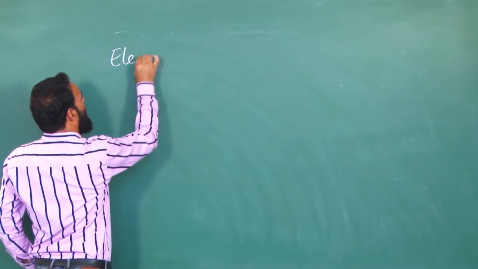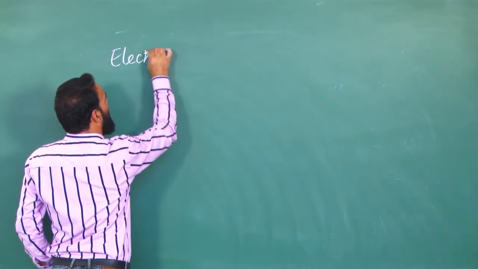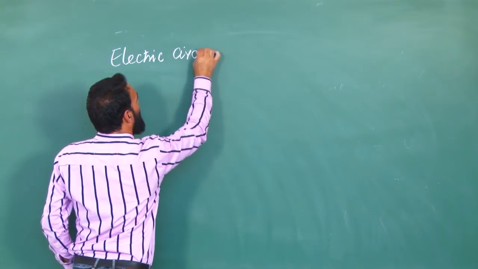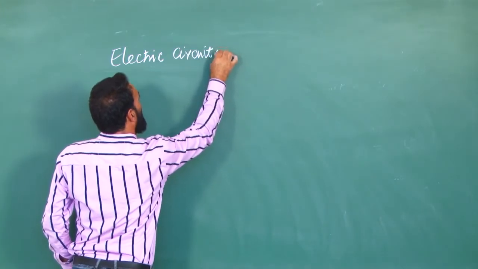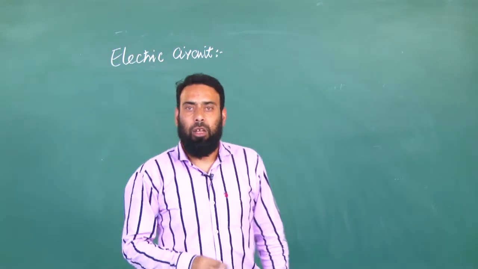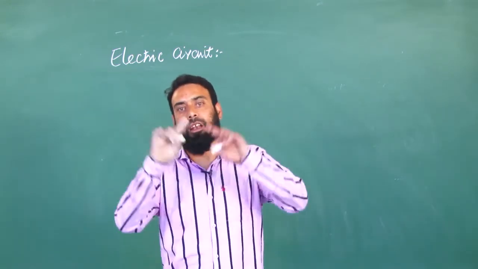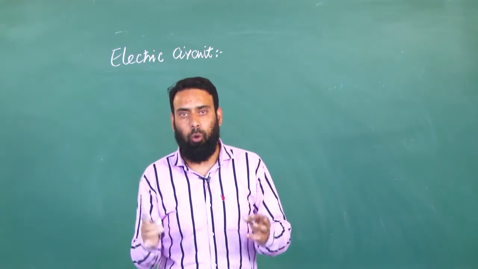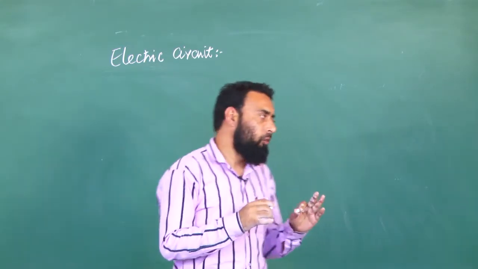Electric circuit. What is an electric circuit? A closed path through which current flows.